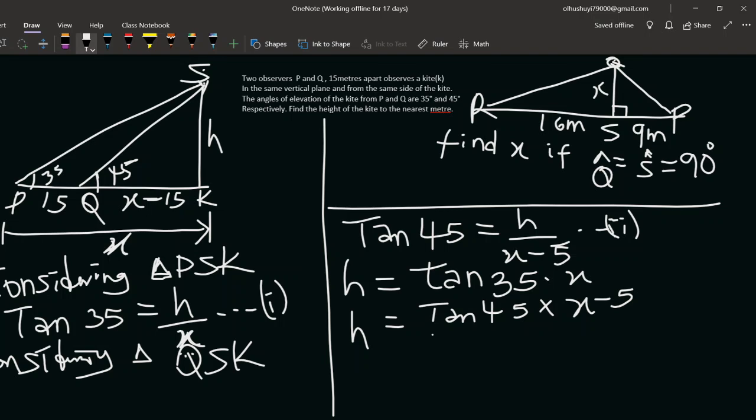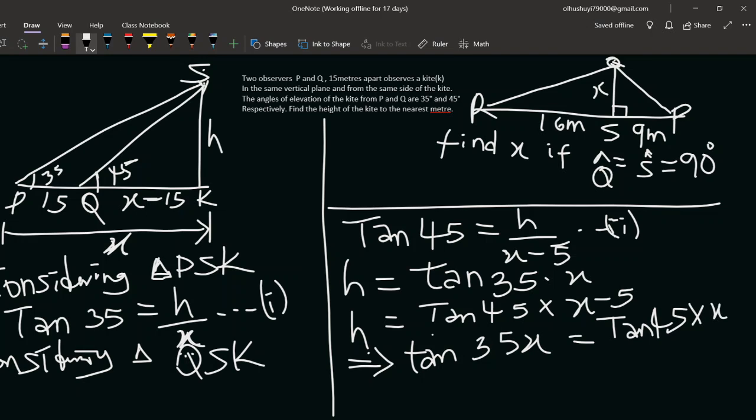So this implies that tan 35 x can be equal to tan 45 times x minus 15.